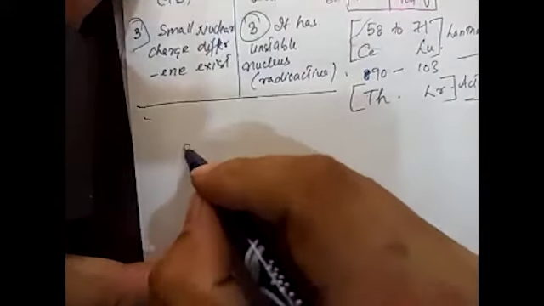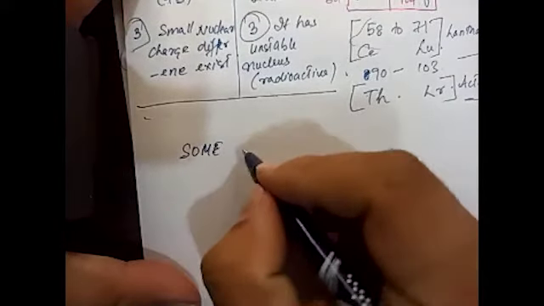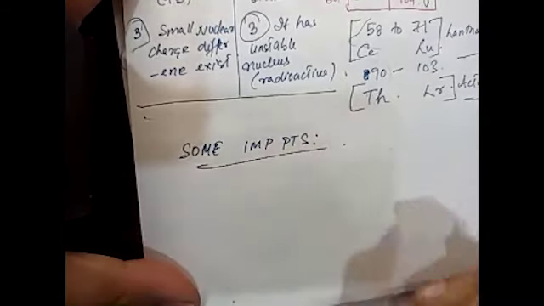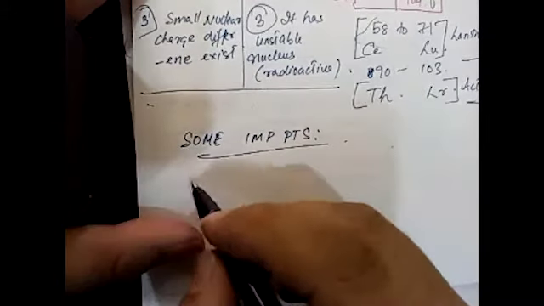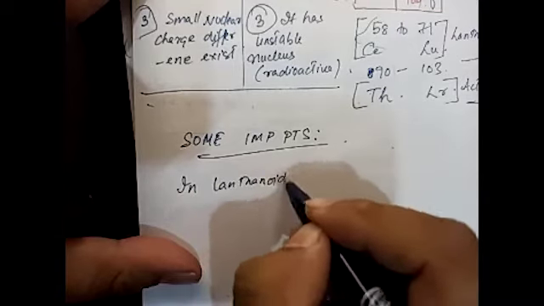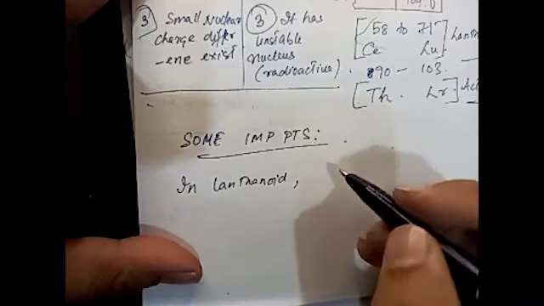Some important points that we should see. In lanthanoids, there is a very poor shielding effect of f orbitals.